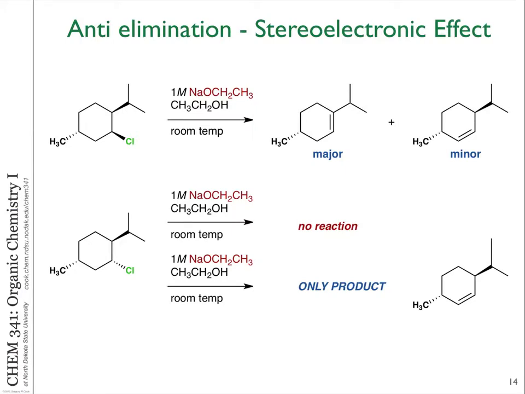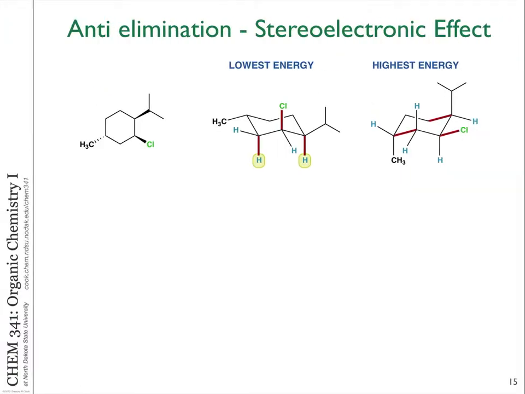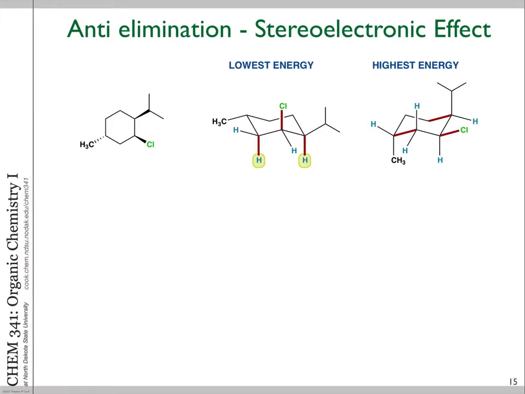So if you take a look at that first isomer for this reaction, the top case here, I've drawn both conformations. What you can see here is that in the lowest energy conformation, putting most of the larger groups in the equatorial positions, this chlorine is already axial.